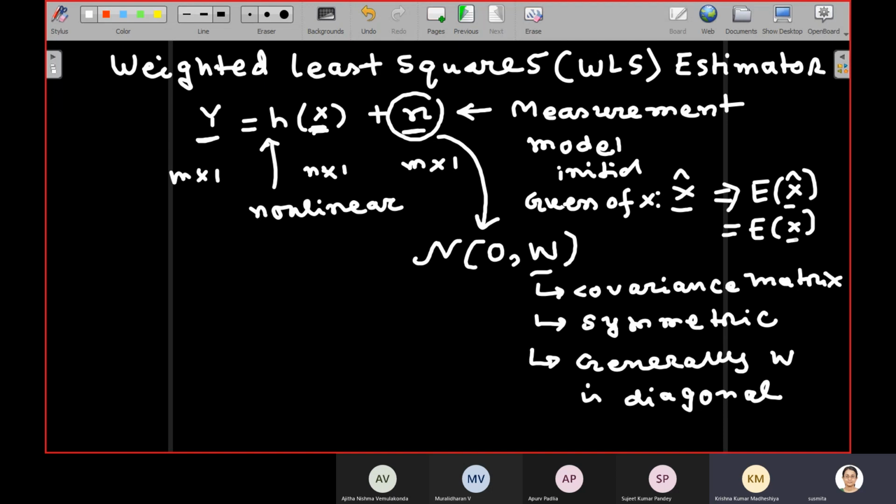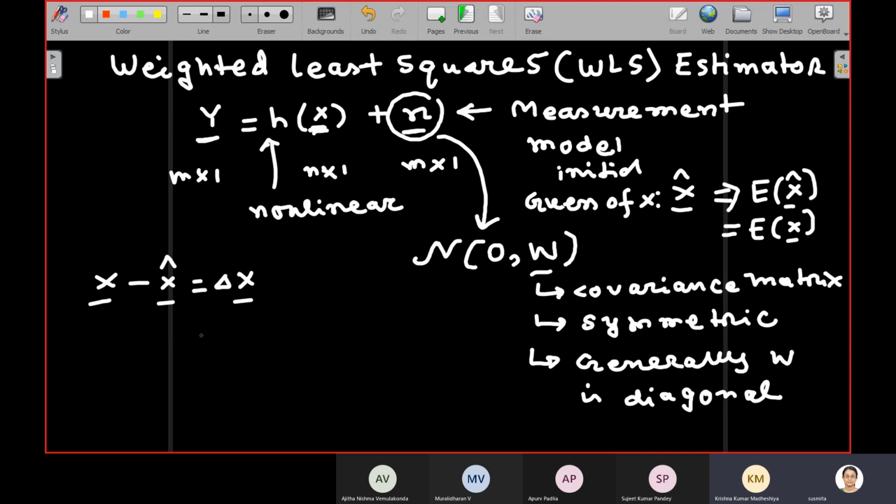Okay. What is the error? Error is x minus x hat. We are interested in this delta x. We do not know x. We have some guess of x. Okay. So we are interested in the difference.